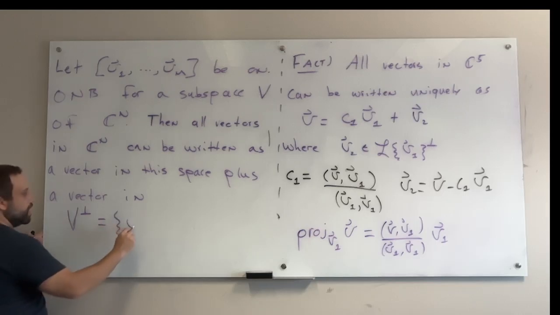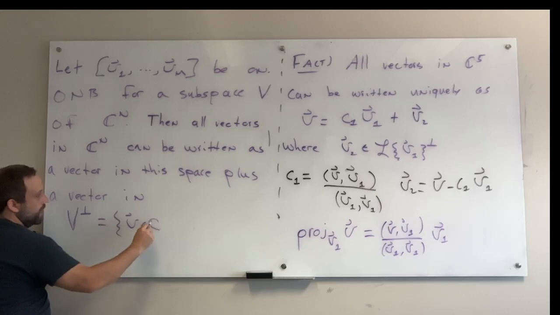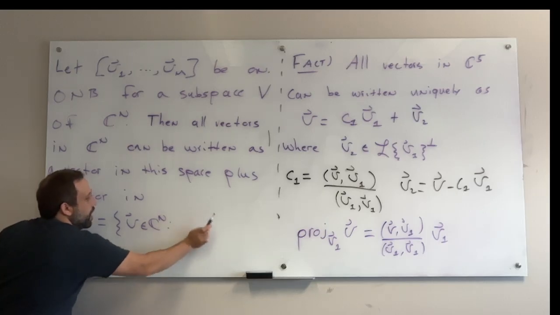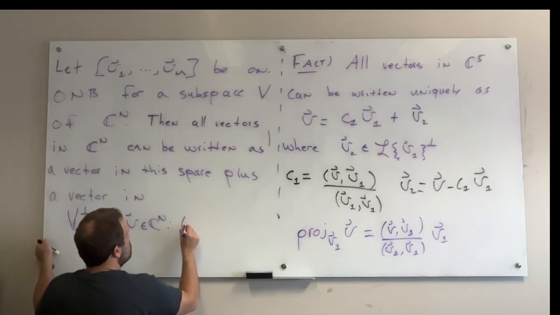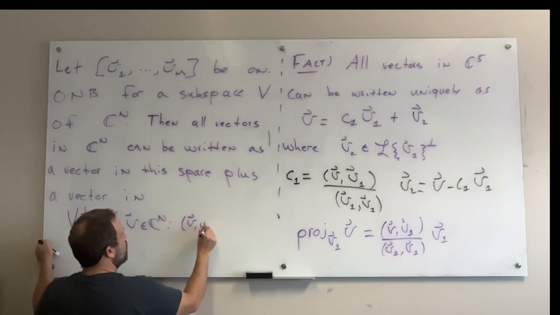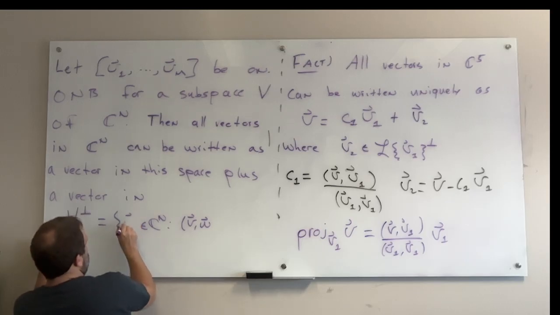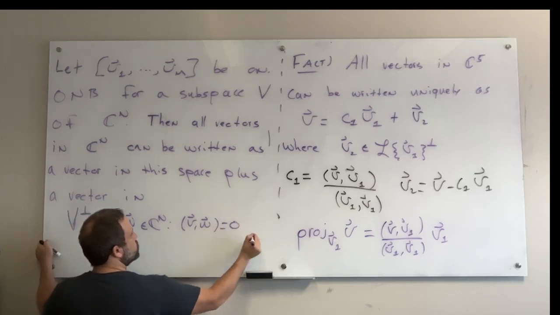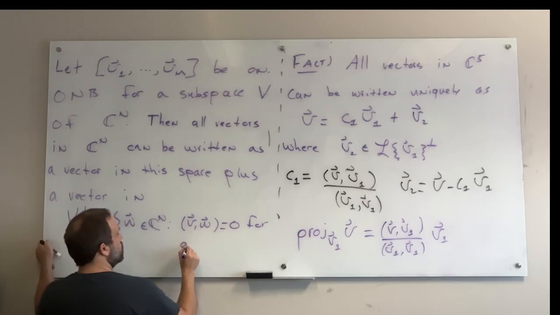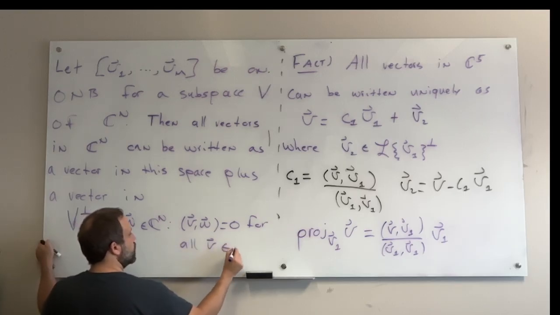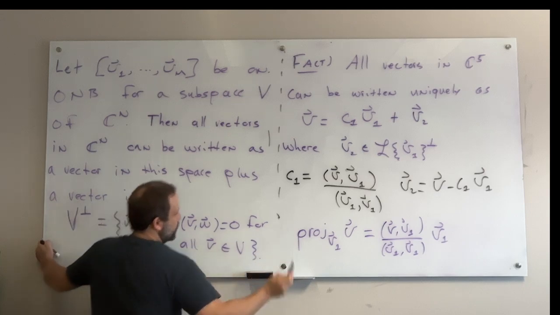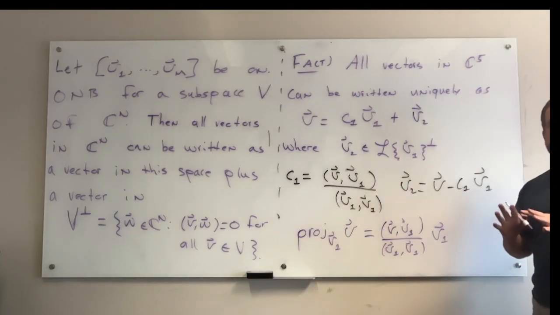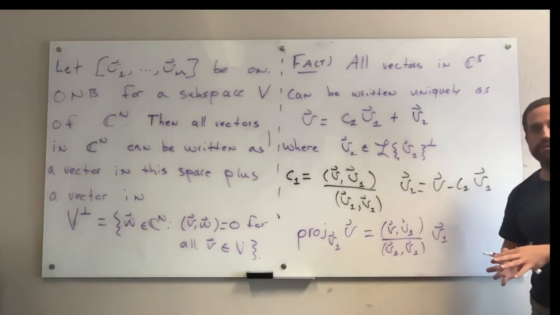And this is going to be the set of all the W's in Cn such that the inner product of V, W is equal to 0 for all V in the subspace V. So in other words, when we looked at the orthogonal complement of a vector, it was the set of all vectors that were orthogonal to that vector.